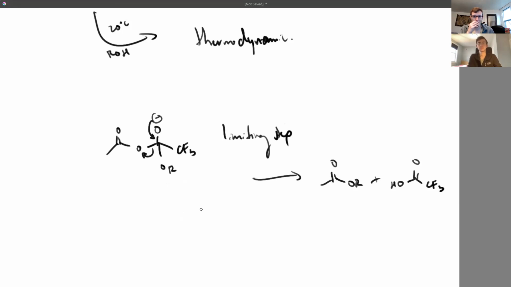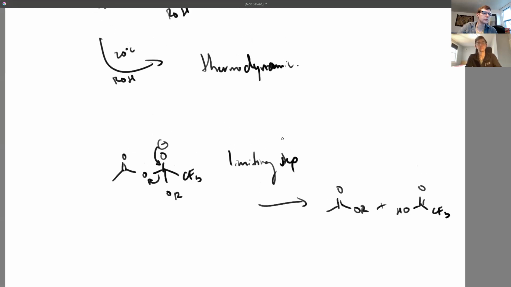The only other thing that I can think of is, I remember it might have been in the text or something I was looking at online, when that alcohol does the nucleophilic attack and pushes the electrons up onto that oxygen, one of the carbonyls, and then they're both attached to the carbonyl carbon, I guess.